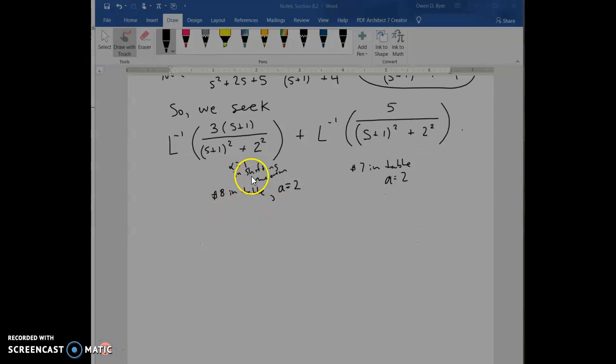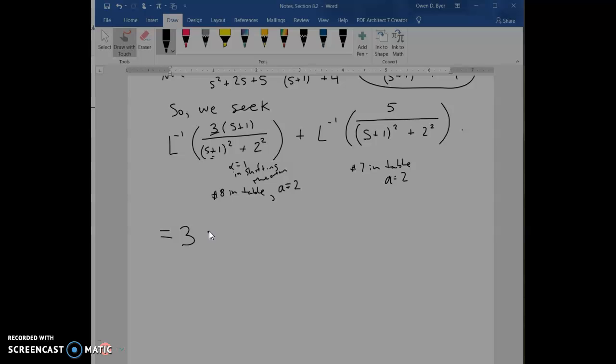Okay, I wrote out a little more here. Here's the alpha equals 1 shift that I mentioned, and this will use number 8 in the table. And over here, it's almost ready to use number 7 in the table. So here, we can pull out the 3.